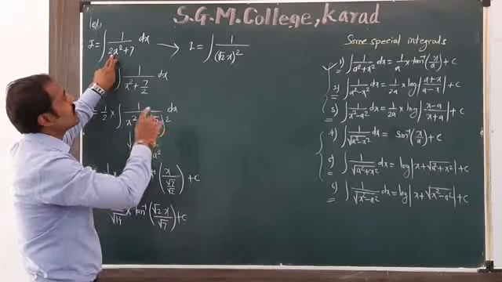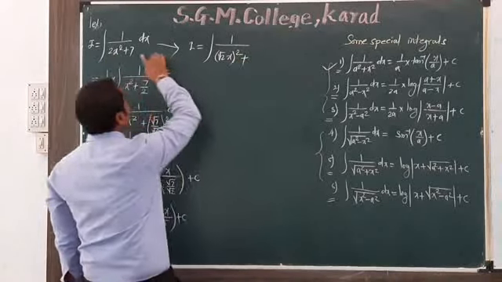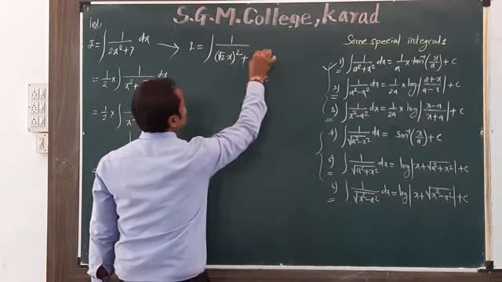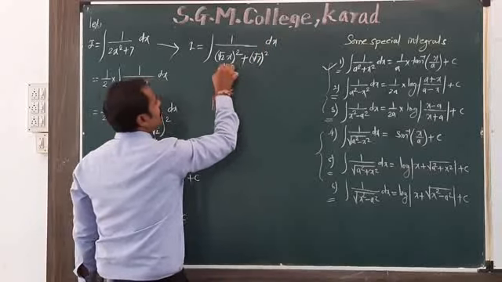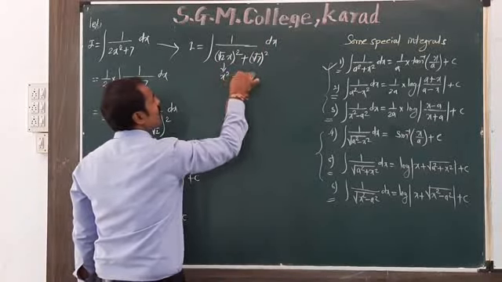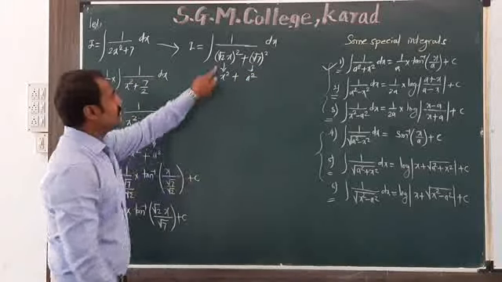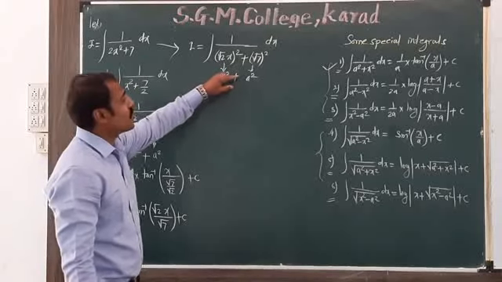So I can write this as root 2 into x bracket square plus the second term in the form of a square, root 7 bracket square dx. Here x square plus the term is constant, so I can write this as a square. Here is the term of x, so I can consider that x square plus a square.